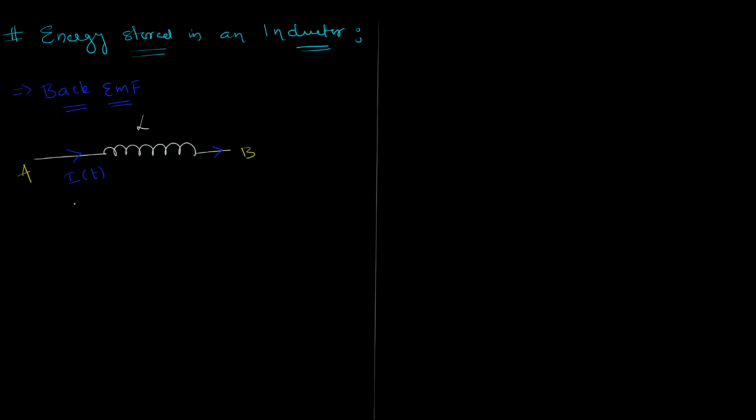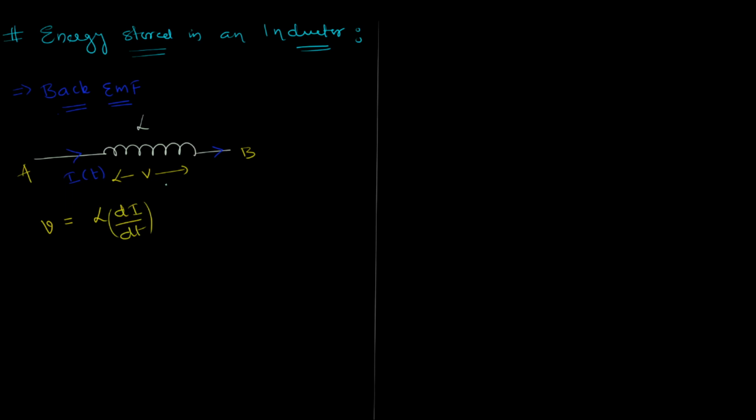We've already established how much the potential difference is going to be. V is in fact going to be equal to L times di by dt. So the rate of change of current multiplied by the inductance is going to give you the potential difference.